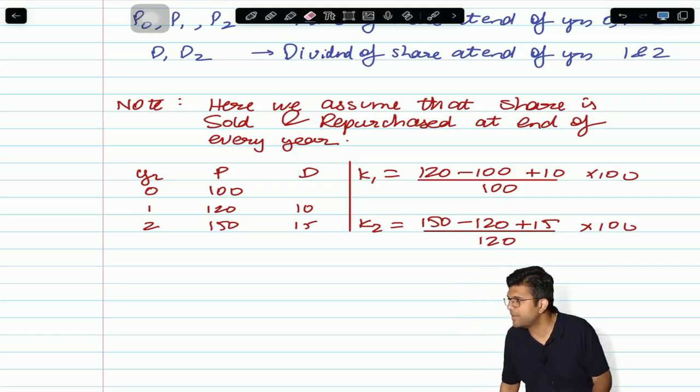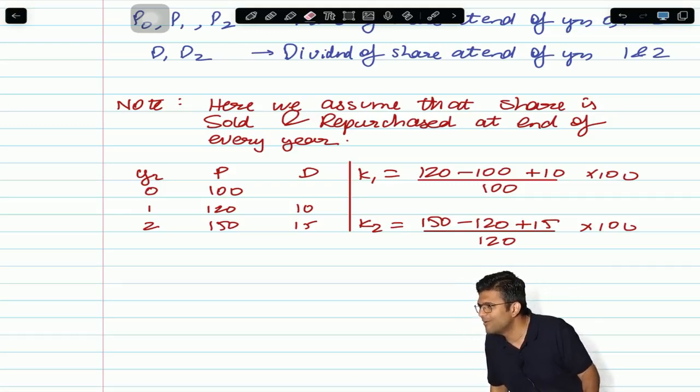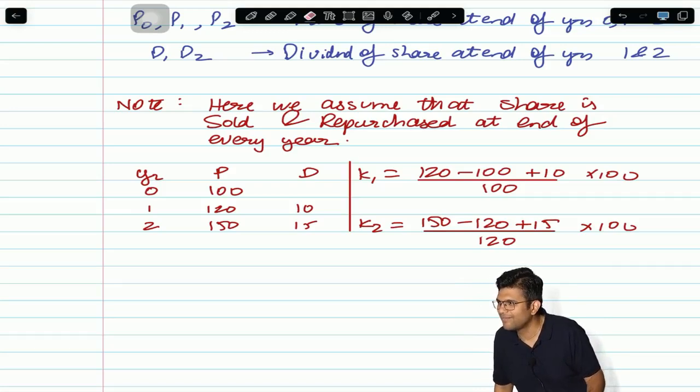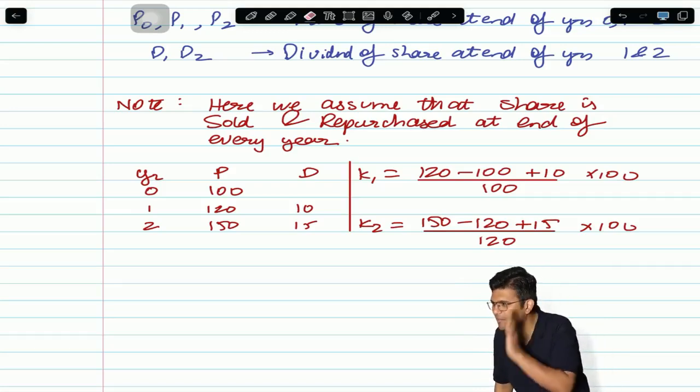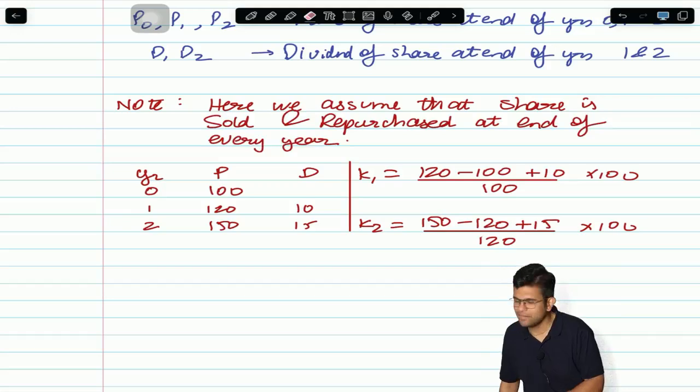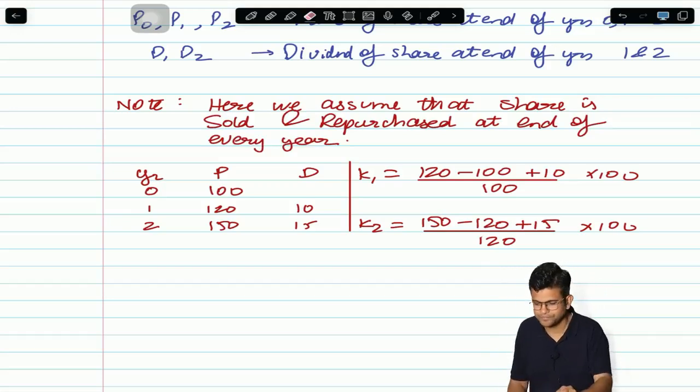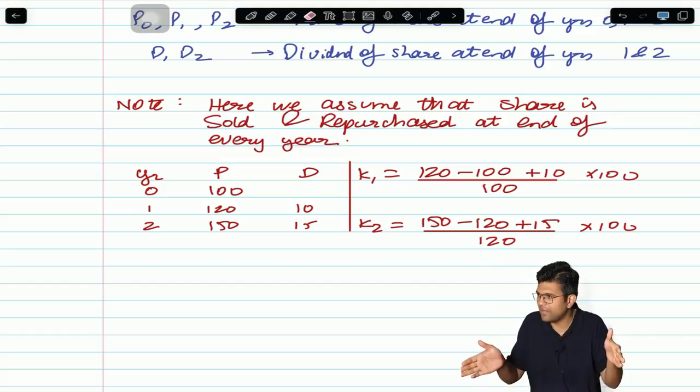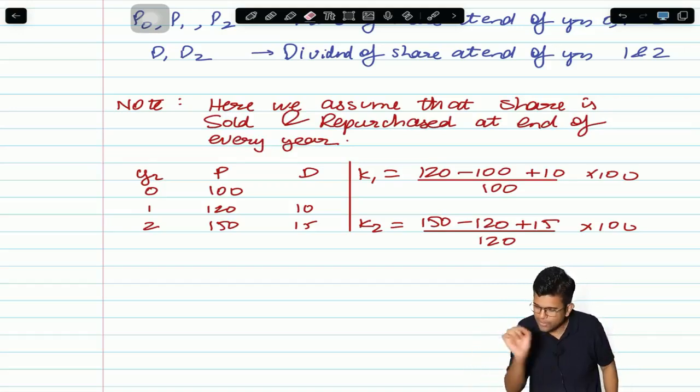Oh Krishna, you have written that same thing. Oh, I just saw. Holding period return. Correct. Same HPR. Perfect. But HPR basically takes the average, the total answer. Here we are doing every year separately.